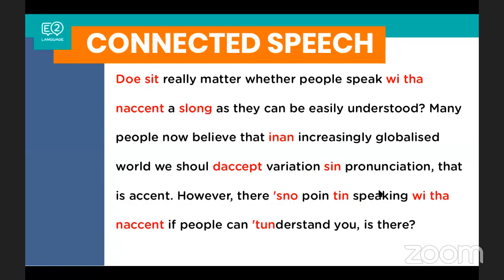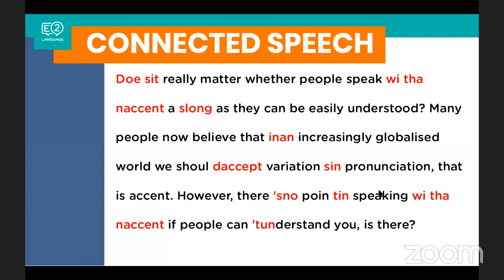So have a look at this. This is the paragraph that we read before. What I'm going to do is I'm going to read it very slowly to you through the red parts, and you'll hear the way that I actually combine words together, how other sounds appear, how I delete out some sounds. For example, I might say, does it really matter whether people speak with an accent as long as they can be easily understood?